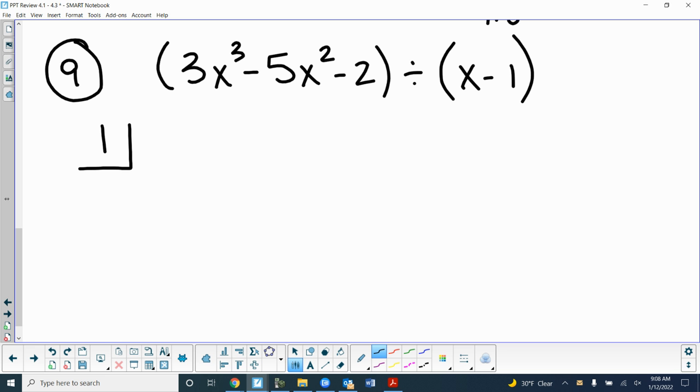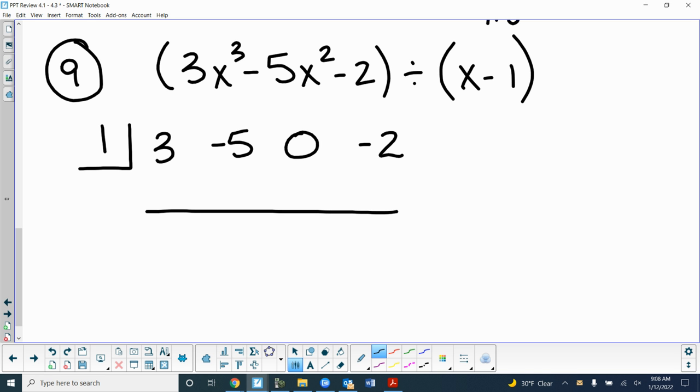So first of all, make sure that's correct. Second, look at the problem. Do I need to add any zeros? Yes, you do. For what variable? For x, yeah. So I got my 3x cubed, my negative 5x squared. I don't have an x, so there's where the 0 goes. And then the minus 2.